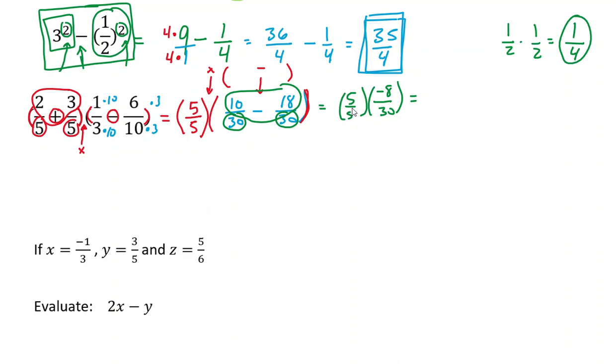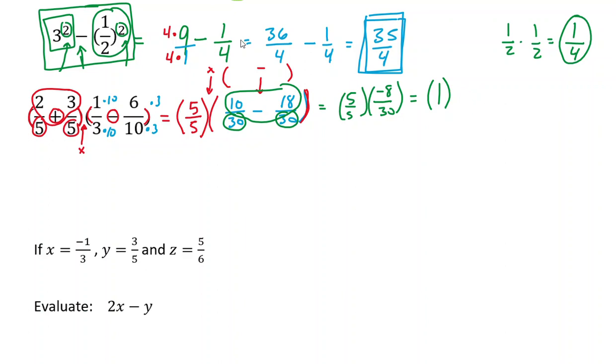Okay, now I kept writing 5/5, but you were probably saying to yourself, well, 5/5 is just 1. And that's true, that's 1. And -8/30, remember, whenever we add or subtract a fraction, we have to think about, can that be reduced? And it can. That becomes, oops, I wrote an equal sign, didn't mean to.